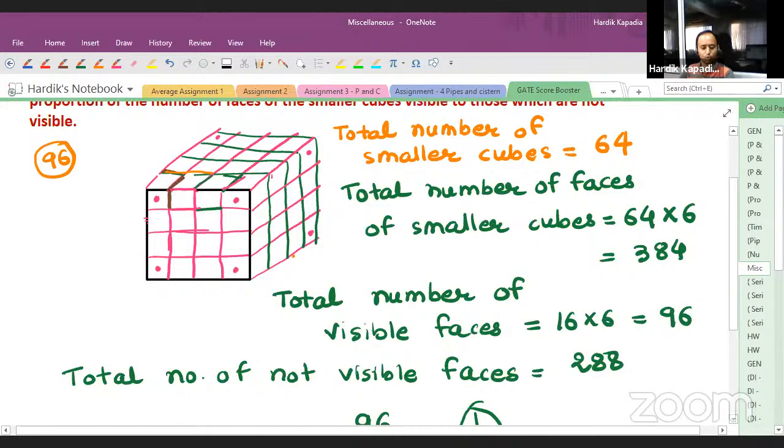So now what will be the new surface area of this cube? Write down your answer in the comment box.